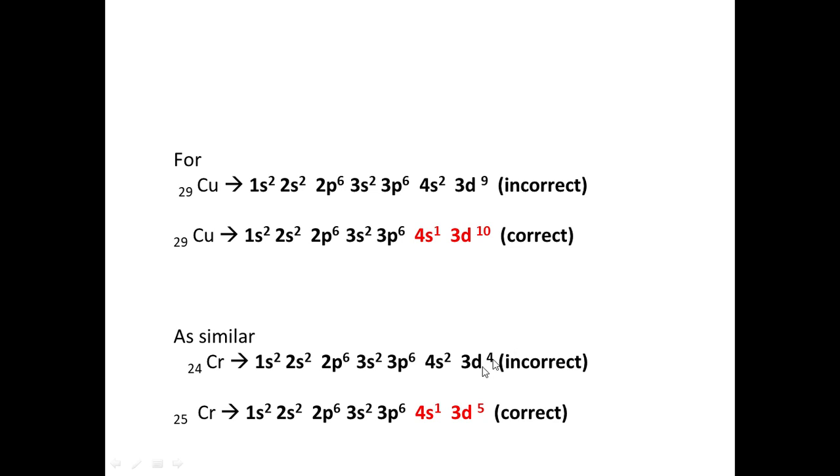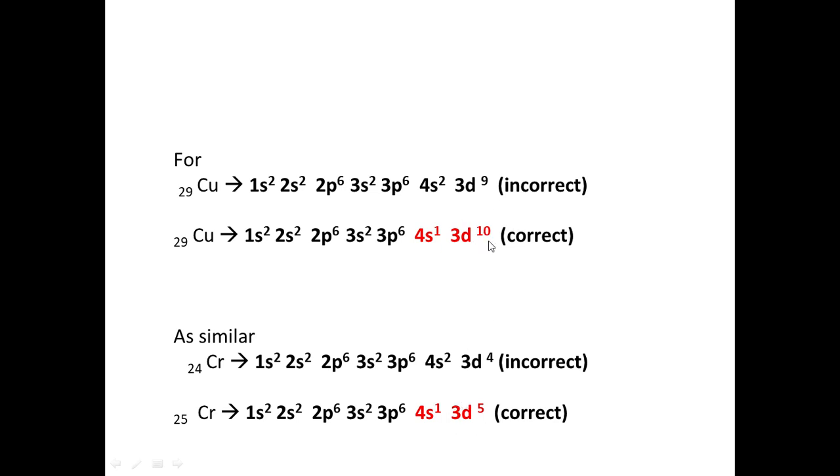As we know, by adding one more electron in the 3d4 configuration, we achieve a half-filled configuration. So by borrowing one electron from the 4s orbital, we make it 5. So 3d5 is the correct configuration because it represents the half-filled condition of the 3d orbitals.